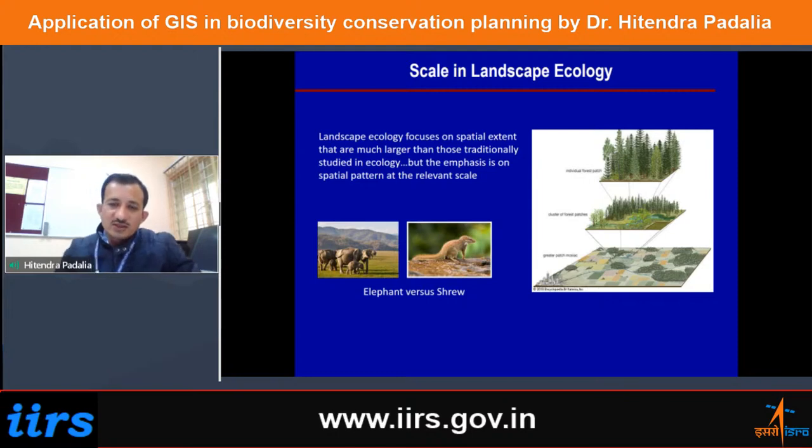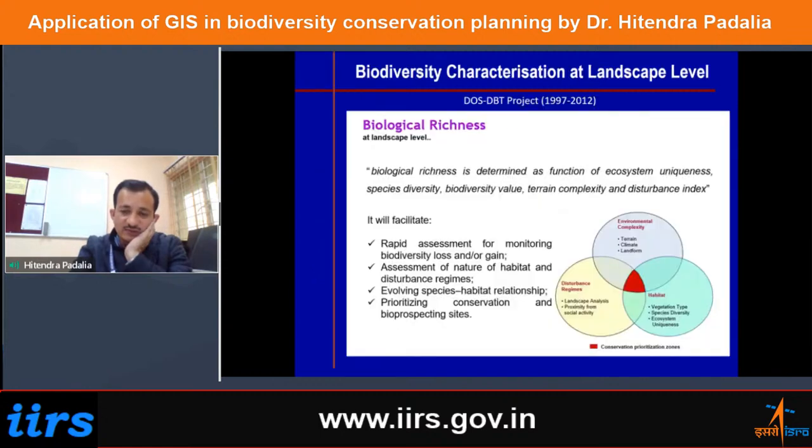So that's why when we talk of applying remote sensing or GIS, in this context we talk about planning for biodiversity conservation. Now, one of the problems was that in a country like ours, we have dedicated organizations like the Botanical Survey of India and the Geological Survey of India.